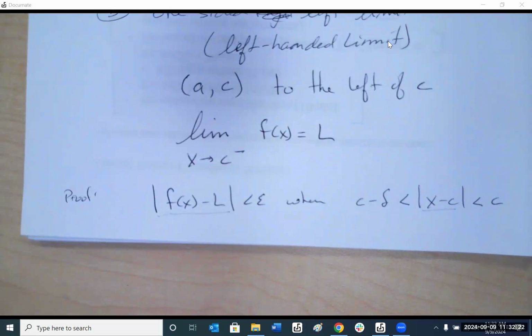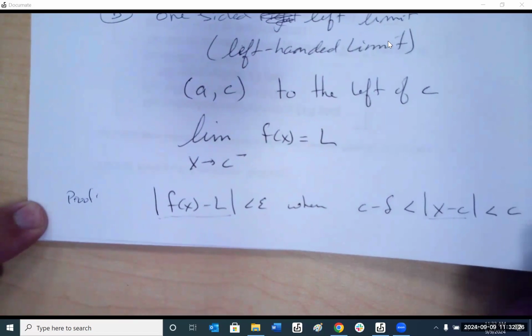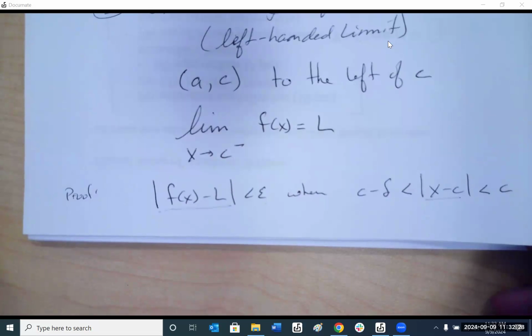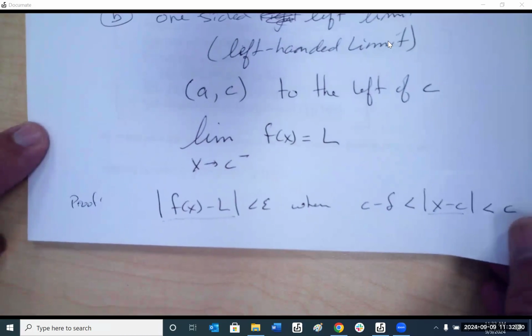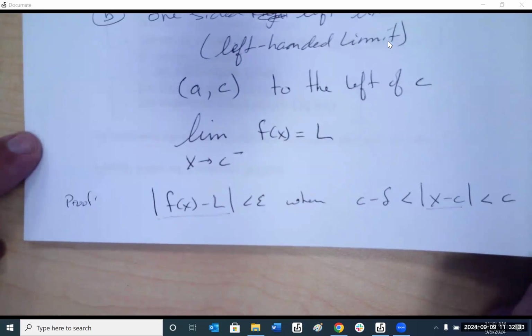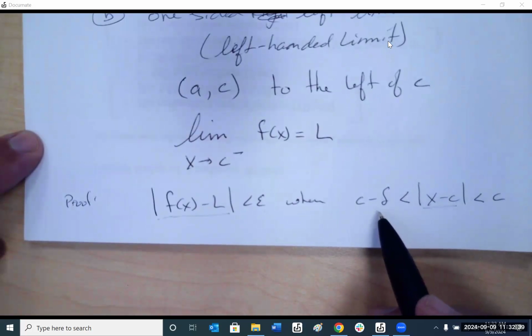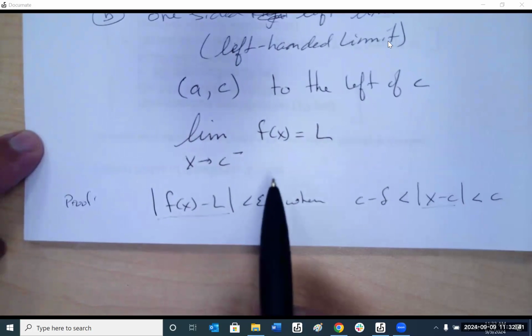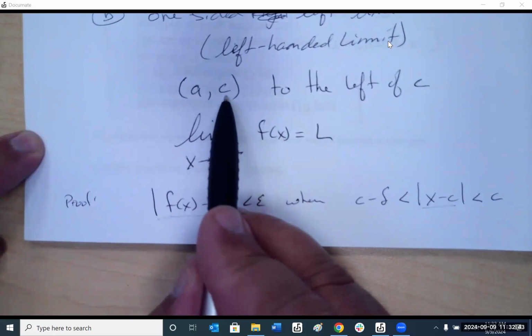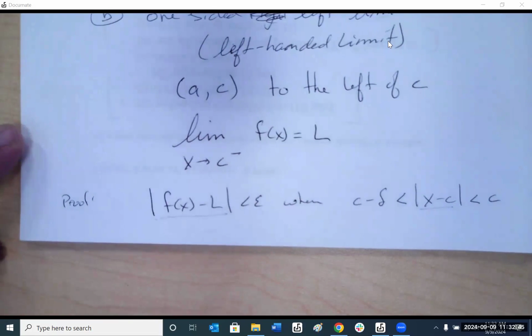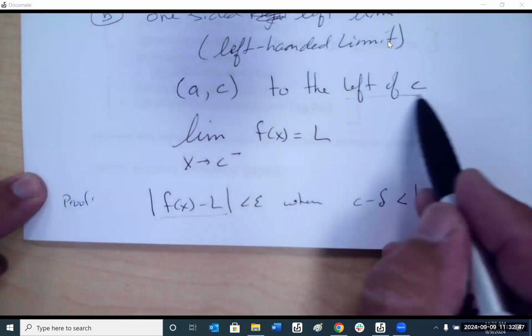That's what we did last time. No, because C is the furthest right-hand point. That's what it says, to the left of C.